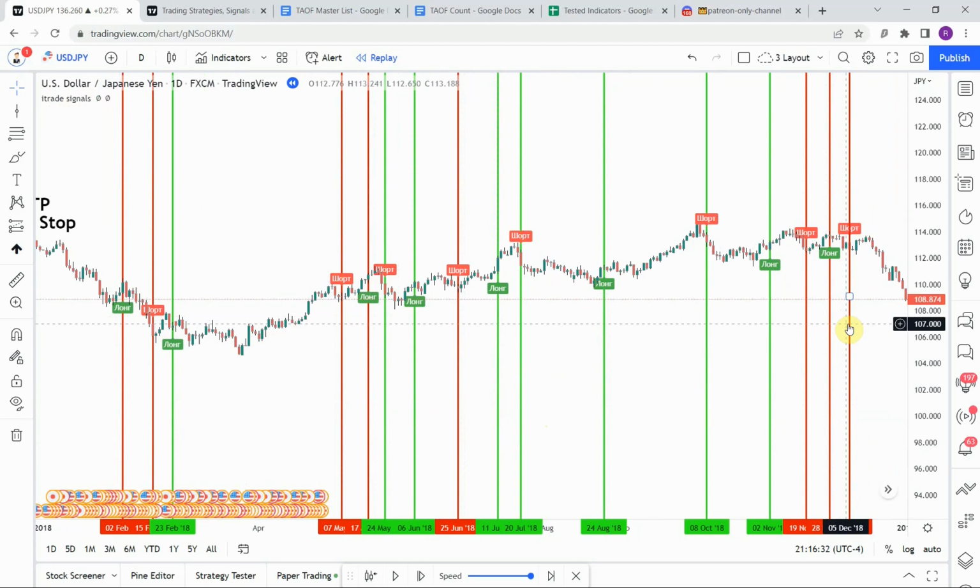So we have 16 trades all together, and we have 8 winning trades. And so that is not going to meet the 60% criteria that we were looking for. Got pretty close, but just not quite able to get there.